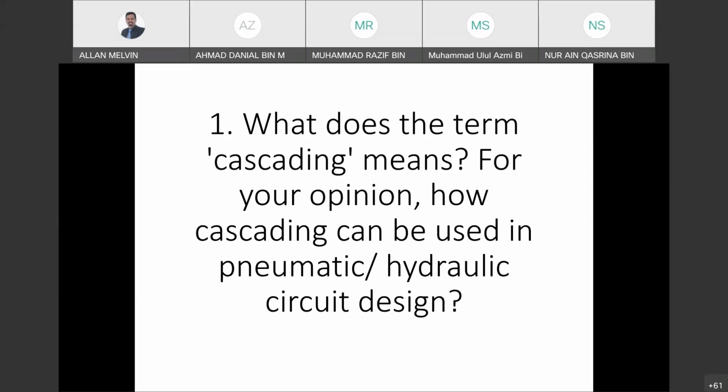Pneumatic circuit design also has sequences, one after one, so it does not happen. That is why we do not have signal overlap. So we want to avoid signal overlap. So when you have a sequence, you can utilize this cascading way in pneumatics.